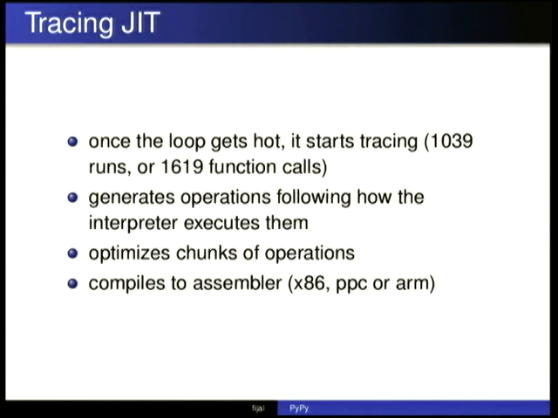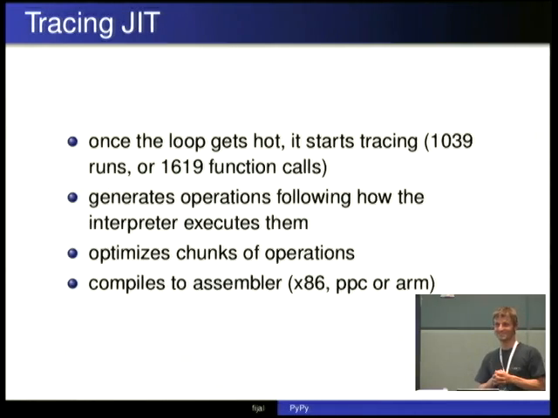Can anyone guess why it's 1039 and not 1000? 1039 is a prime number. It's the first prime number above 1000, I think. The reason is obscure, but most importantly, with a tracer we don't want to hit obscure cases very often. We want traces to be as independent as possible, and prime numbers get us as independent as we can get.